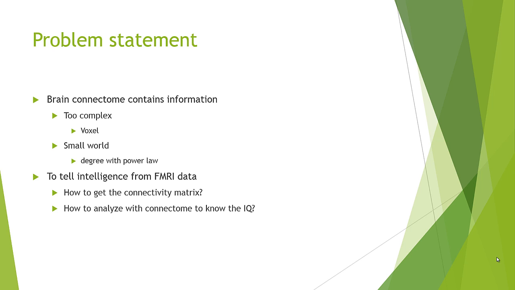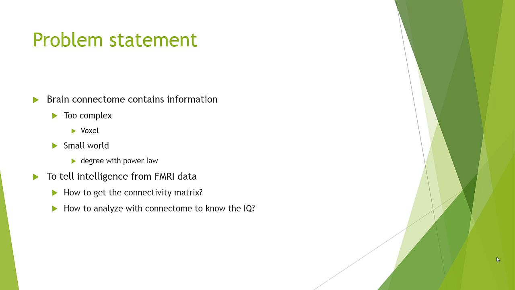There are two concepts I want to mention about brain network study. One is called the voxel, which represents each of the brain regions you're going to study. It's just like a pixel in a three-dimensional space.